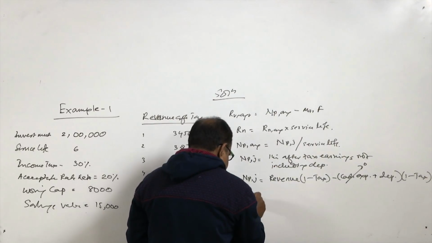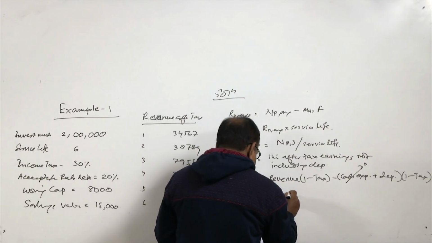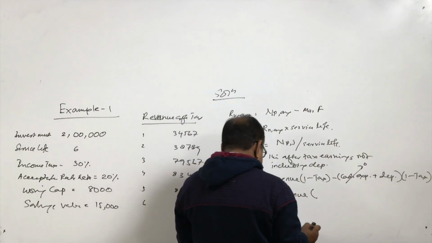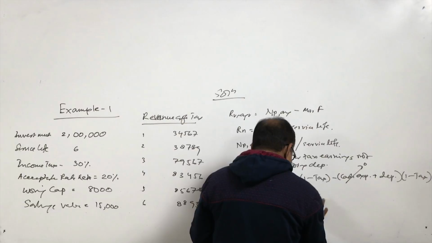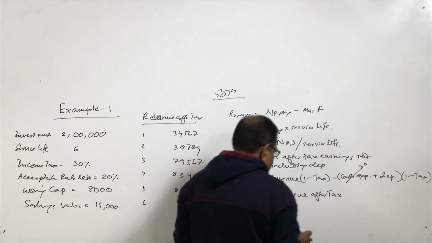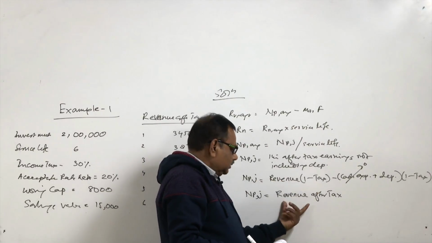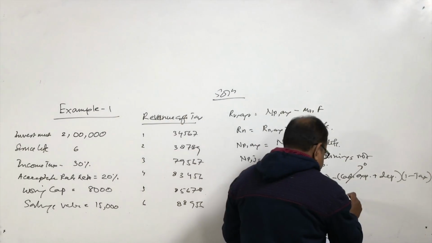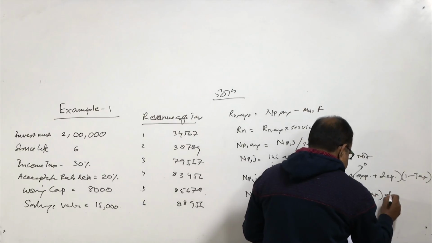So NPj is equal to revenue, that is after tax revenue. Now when I multiply revenue into 1 minus tax, this is revenue after tax, minus 1 minus tax times depreciation.